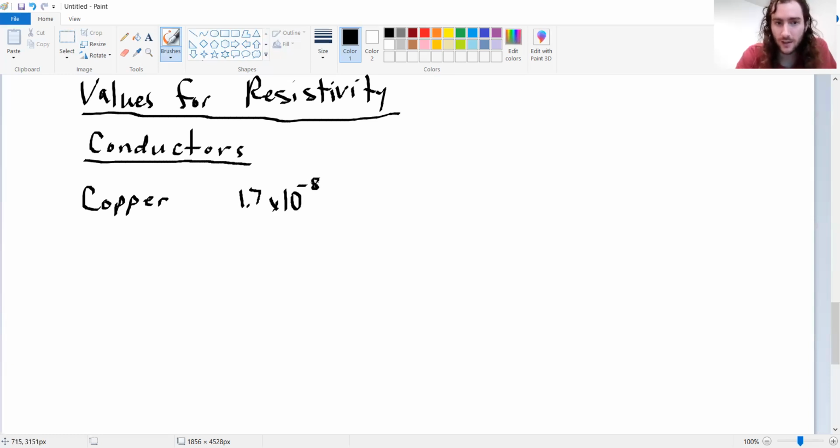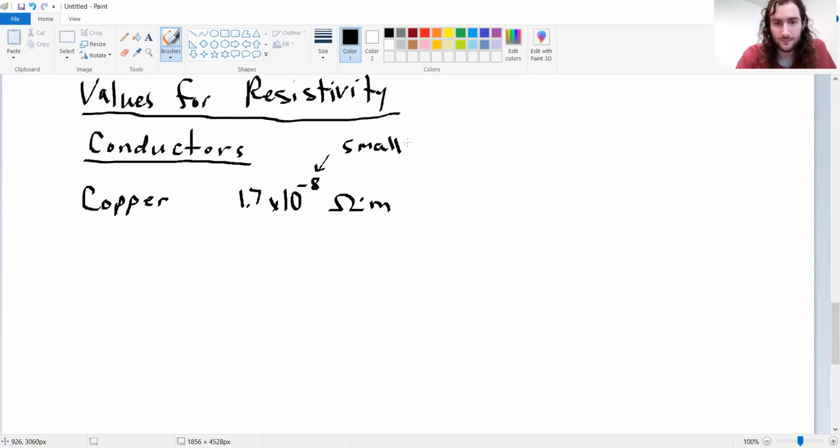Small is good here if you want charge to flow. And that has units of ohms times meter. I had to remember that for myself for a second. Okay, so small is good. Times 10 to the minus 8 is small.